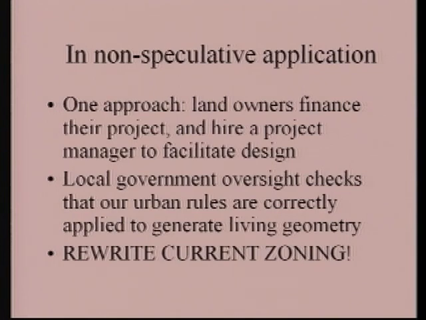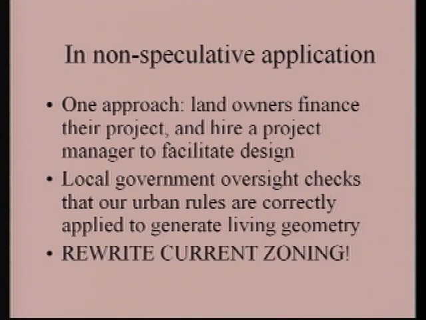The project manager will have to know what I'm talking about and to have read the books I refer to. The three-way separation of powers means that the local government will have oversight over the project and will check that our urban rules are correctly applied to generate living geometry. Now, in order to do that, we have to rewrite current zoning, at least in the United States. But if you want living urban fabric, you have to do that.